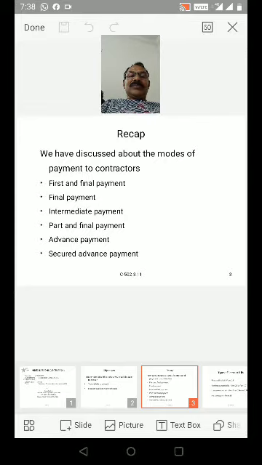Intermediate payment: in between the first payment and the final payment there may be a series of payments, and that is nothing but an intermediate payment.